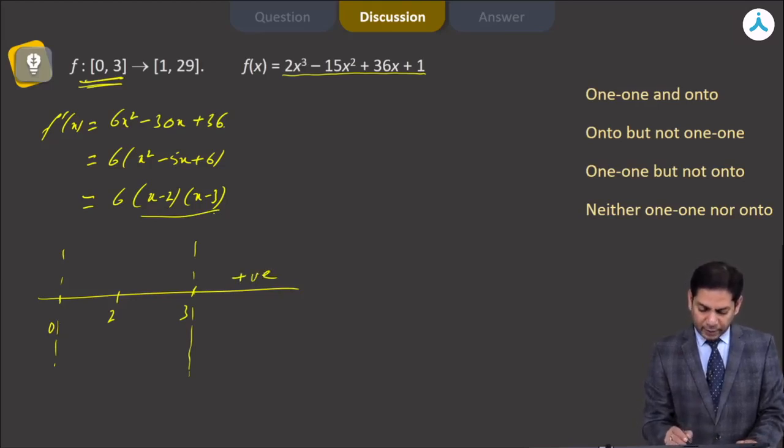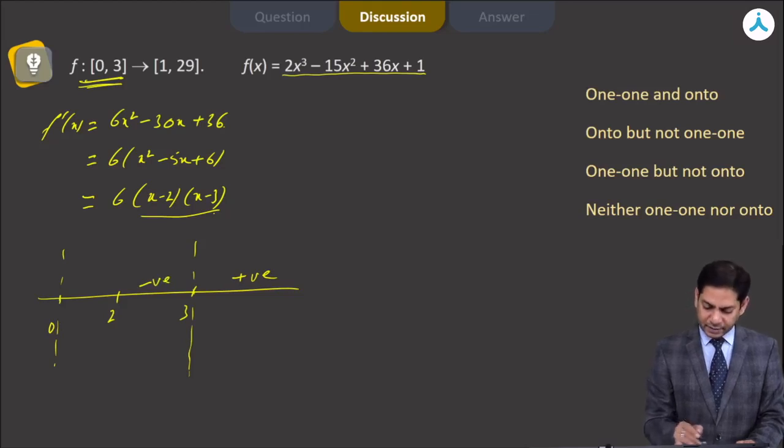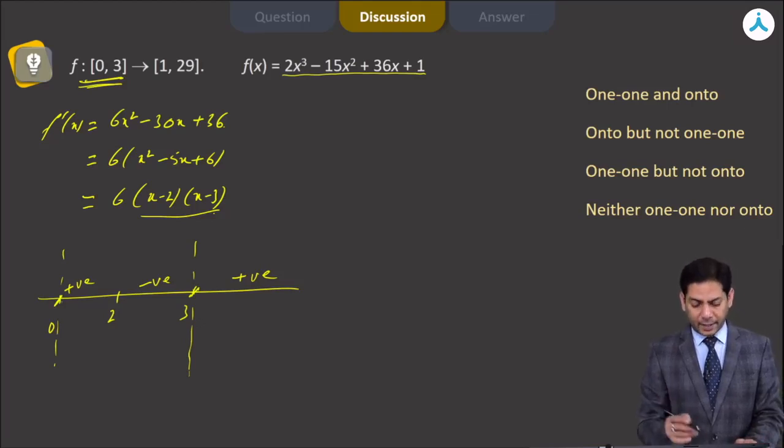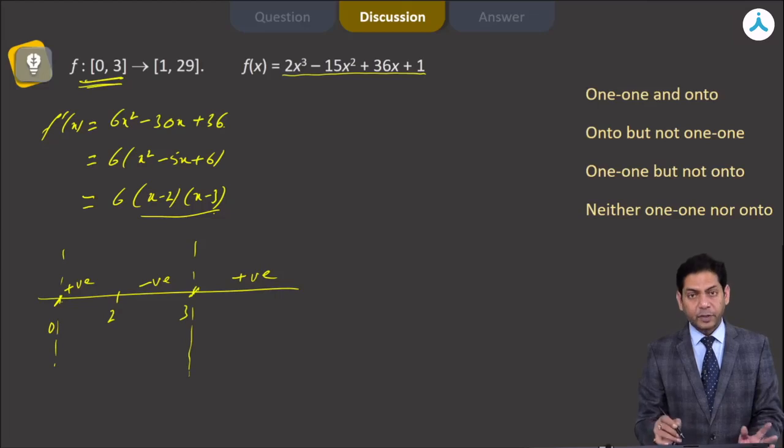Between 2 and 3 the derivative f dash x is going to be negative, and for less than 2 it is again positive. So on the interval under investigation, between 0 and 3, the derivative is positive between 0 to 2 and negative between 2 to 3.